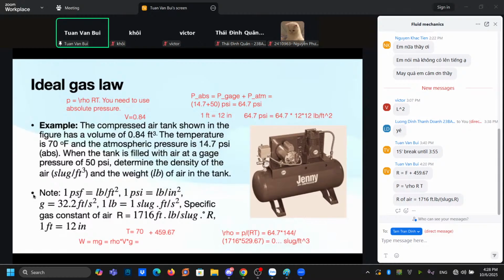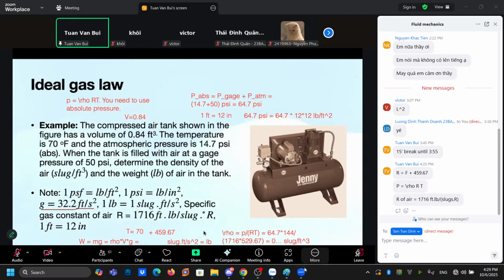And g is given here. So you plug the values into the equation, and you will obtain W, and the unit will be slug multiplied by feet per second square, that is pound. Okay, that is for this exercise.